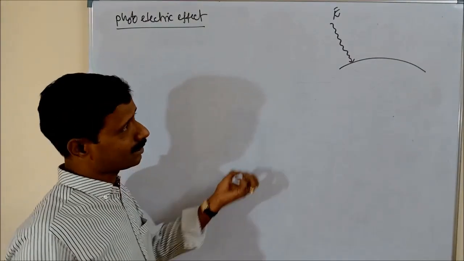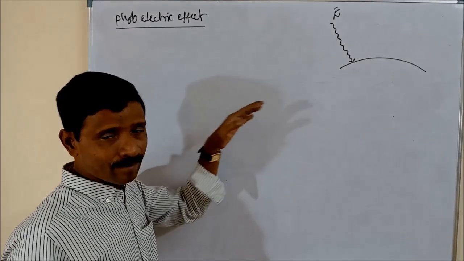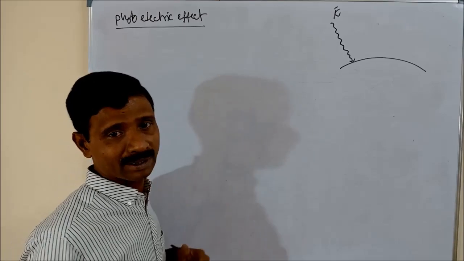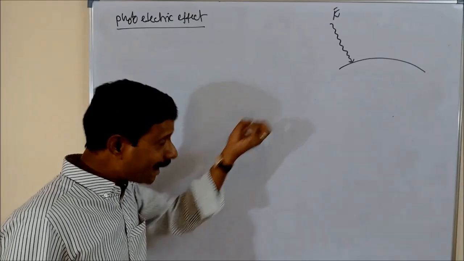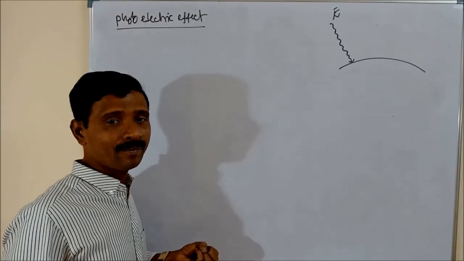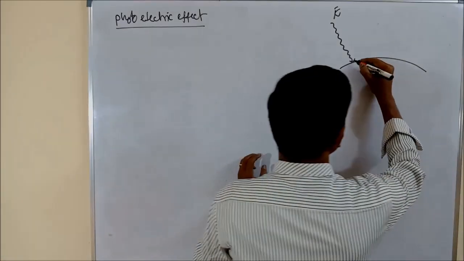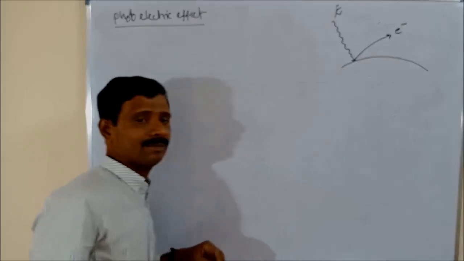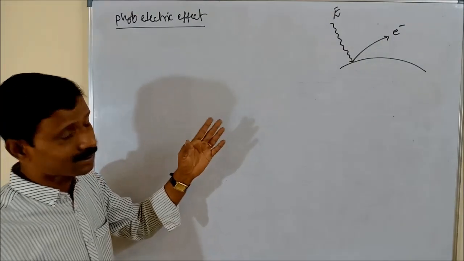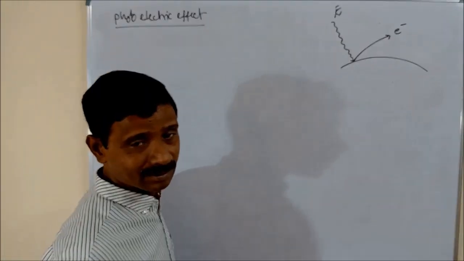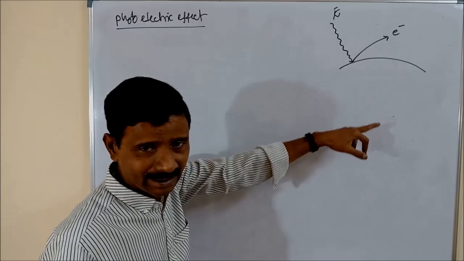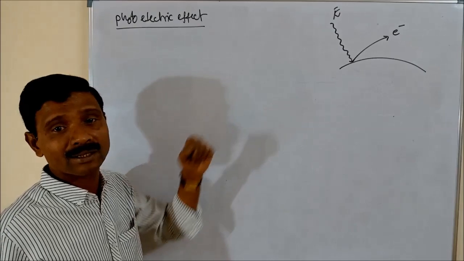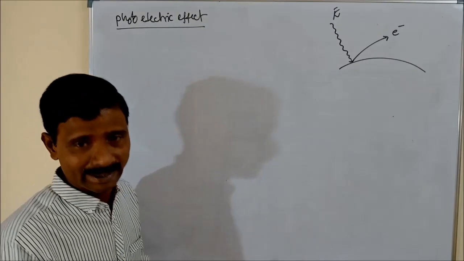From that light, the atoms present on the surface of that metal definitely gain a certain amount of energy. After that, there is a process of ejection of electrons from this metal surface. That process of ejection of electrons from the metal surface by an incident light is what we call the photoelectric effect, and those electrons are what we call photoelectrons.